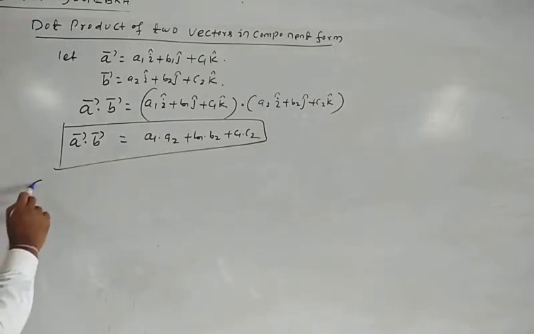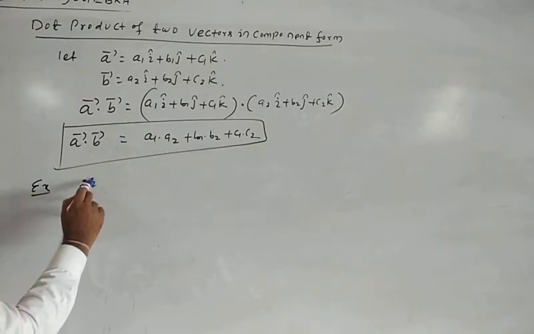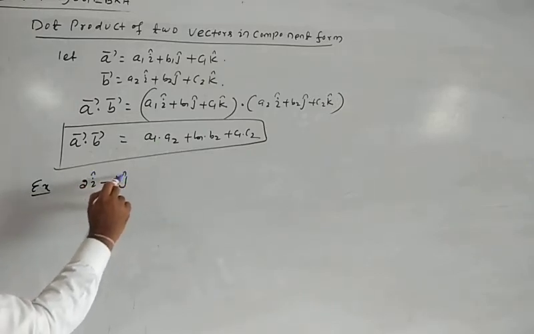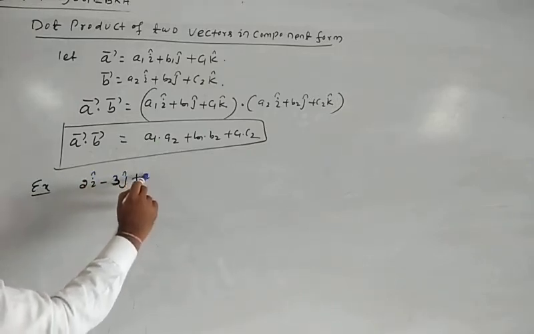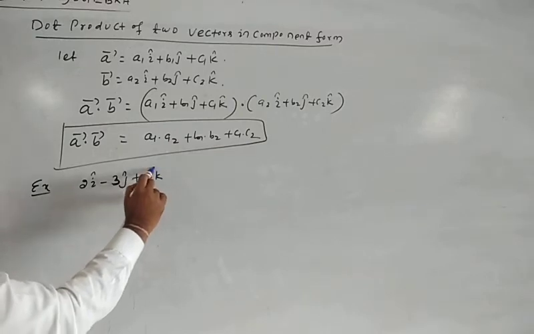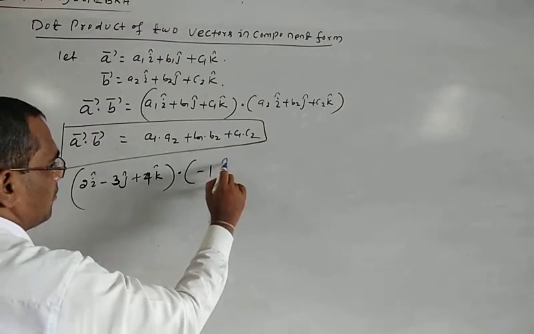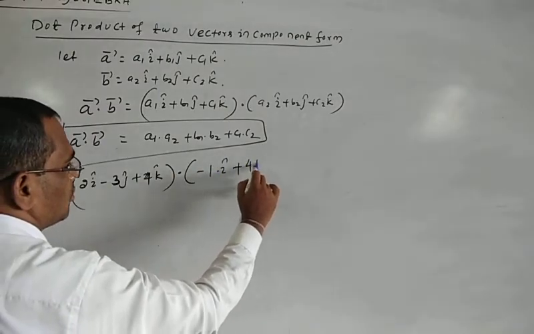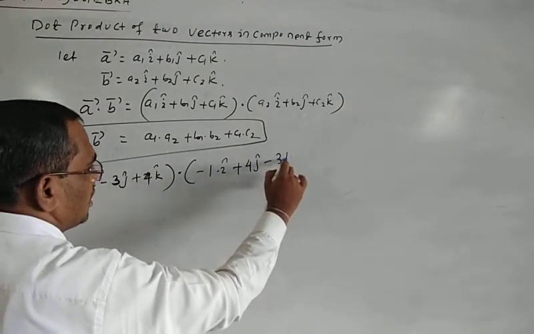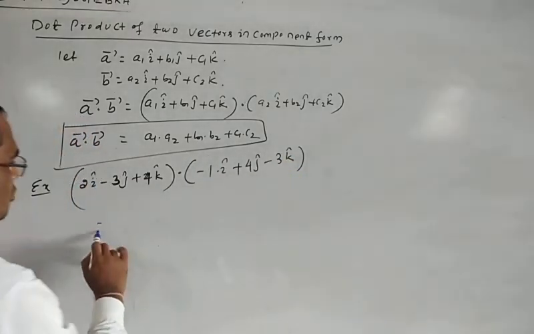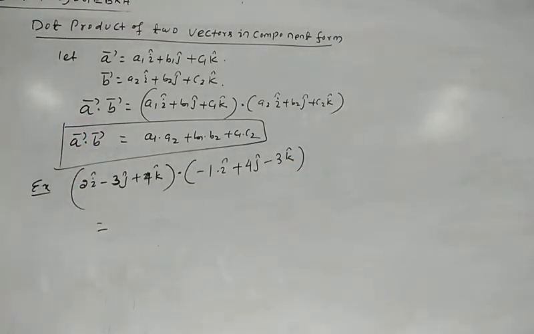Okay. So for example, 2 I cap minus 3 j cap plus 4 k cap dot minus I cap plus 4 j cap minus 3 k cap. Okay. So this is equal to a1 a2 plus b1 b2 plus c1 c2.